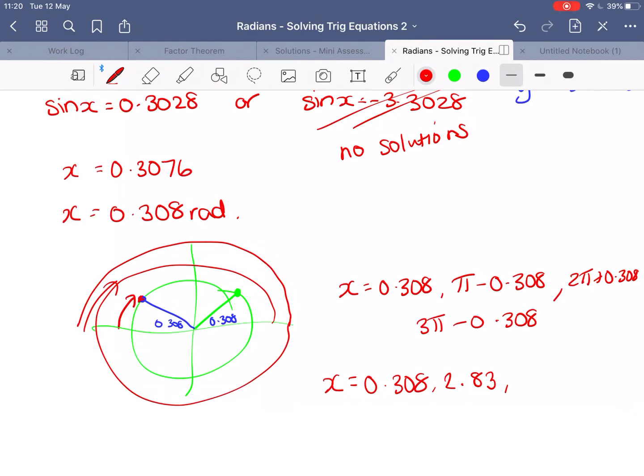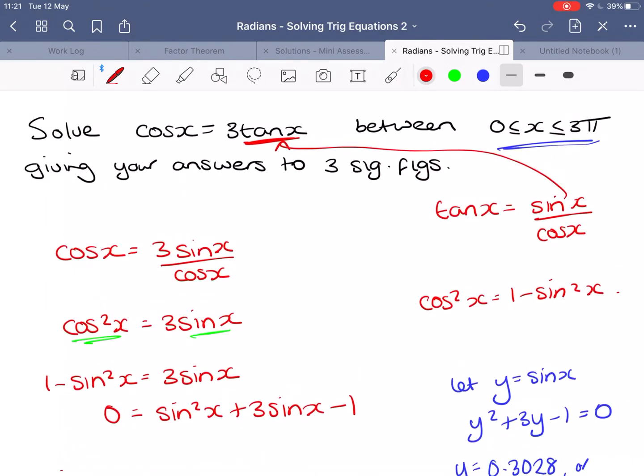It's got 2 pi plus 0.308, which is 6.59 radians, and the last one, 3 pi minus 0.308, is 9.12 radians. So they're the 4 solutions to cos x equals 3 tan x between 0 and 3 pi.